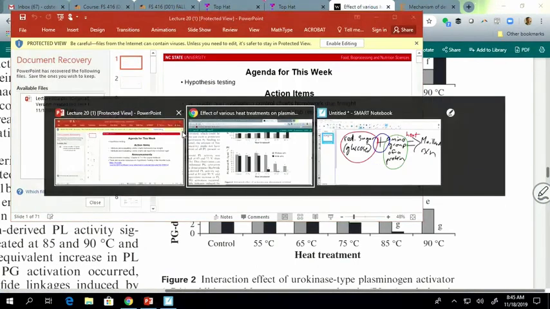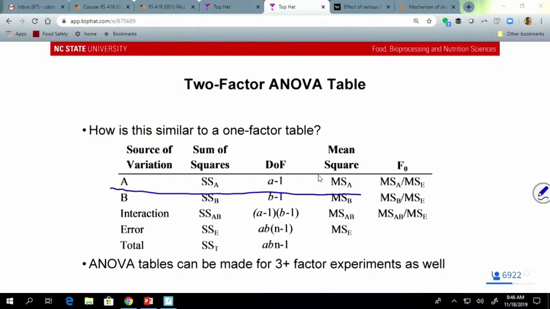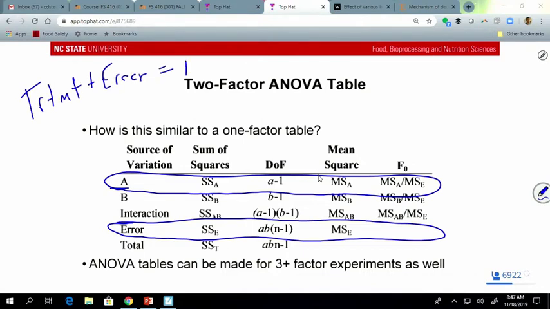So anyway, where were we? Remember how with one-way ANOVA, we calculated the sum of squares for the treatment, and we calculated the sum of squares for the error, where the treatment sum of squares plus the error sum of squares equaled the total.